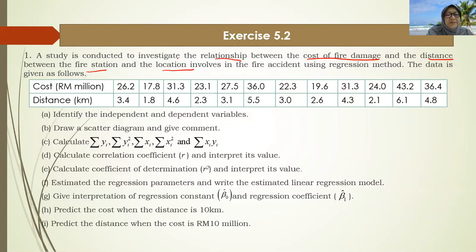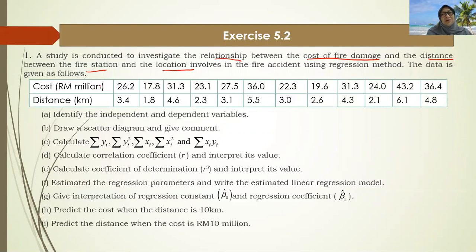In part A, identify the independent and dependent variables. We need to determine whether cost or distance is the independent and dependent variable. Normally the cost is the effect of the distance.